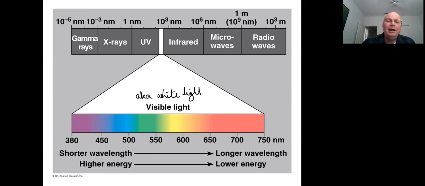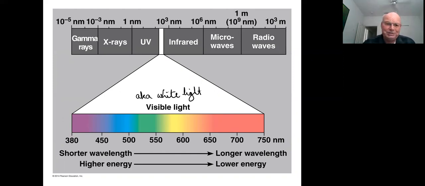And we have in our eyes 3 different color receptors. We refer to them as cones. And each of those different color receptors detects a different primary wavelength of light. Those primary wavelengths of light then can be combined together to get secondary colors, and then a secondary and a primary can be combined together to get a tertiary color.